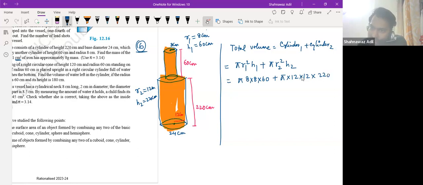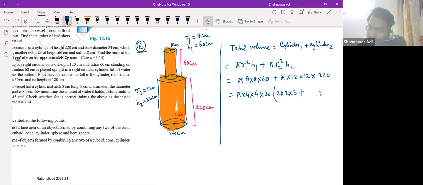Right. So to solve this one, we can take pi common. And from these two, we can take 4 common. From this one, what can we take common? 20. Right. So this would be 2, 2, and 3.